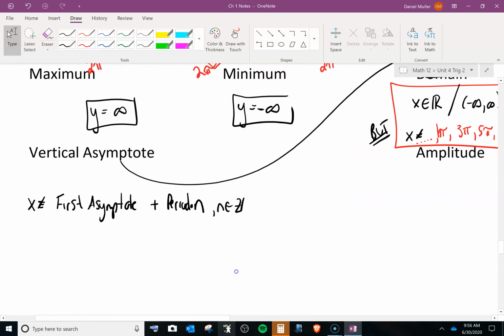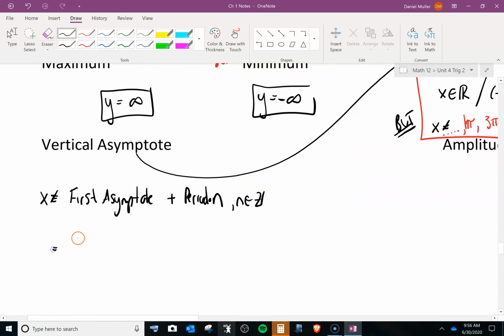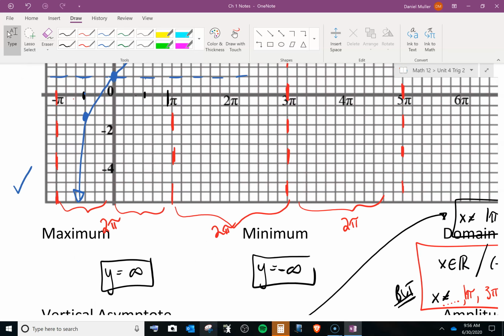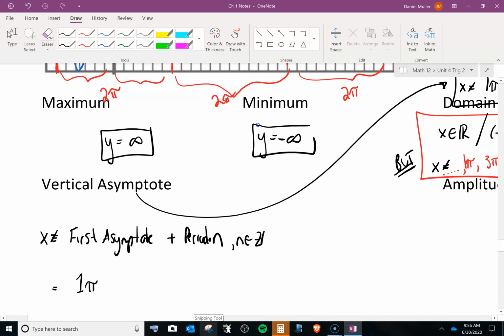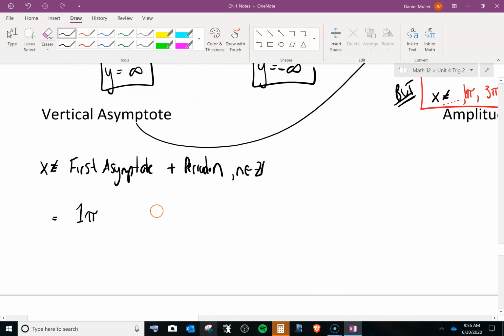So when we do this, the first asymptote happens at 1 pi or negative 1 pi. Doesn't matter, you can choose either one. This happened here at 1 pi, but we also had one at negative 1 pi. I like to choose the positive one. And then it's a plus sign, plus your period, 2 pi n, comma, n is an element of the integers.